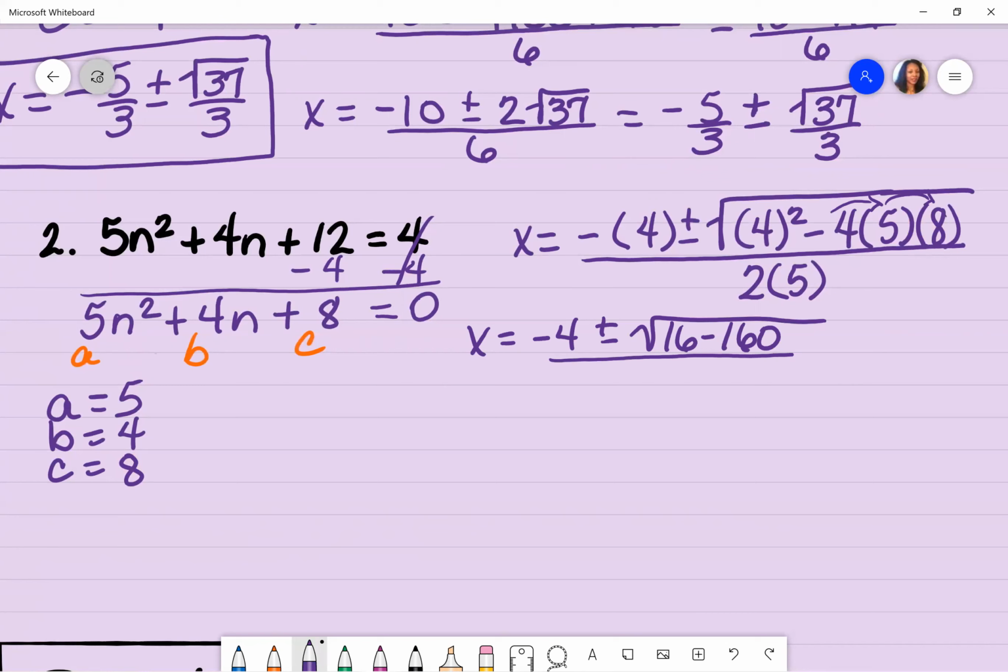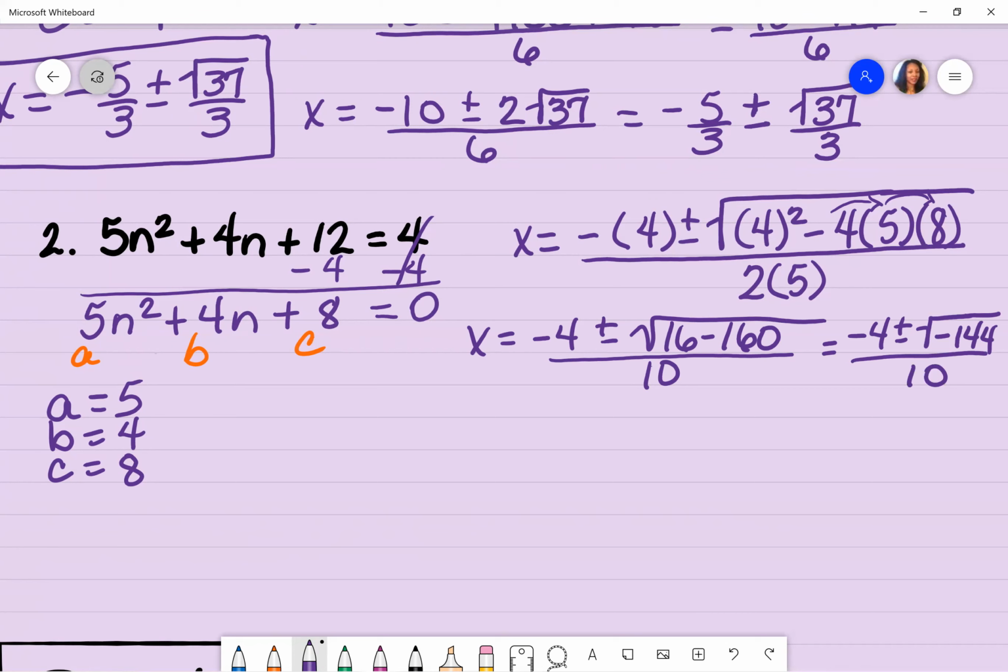All of that is divided by 2 times 5, which is 10. So now I have -4 plus or minus the square root of, and if I do 16 minus 160, that is going to give us -144. All divided by 10.